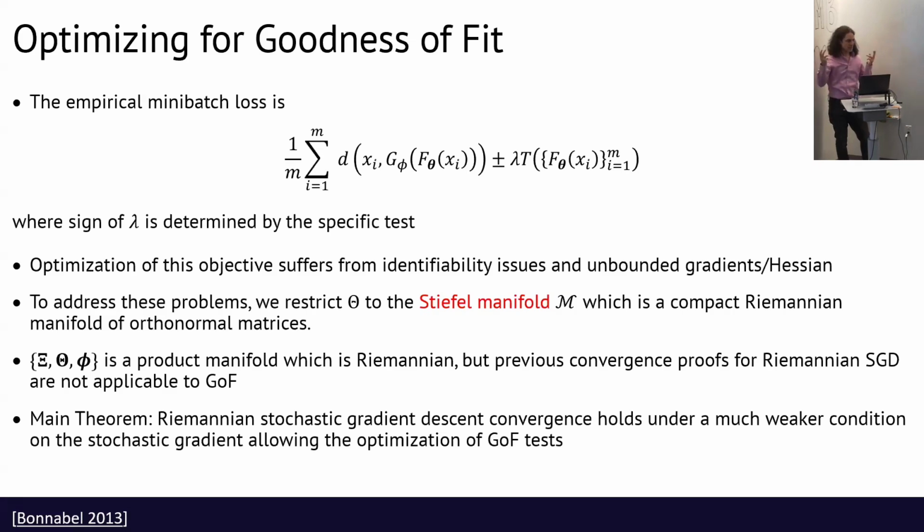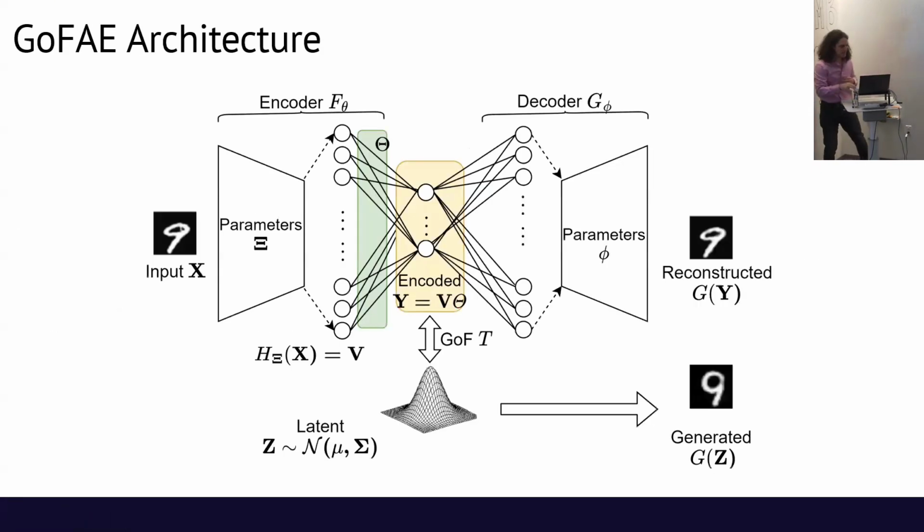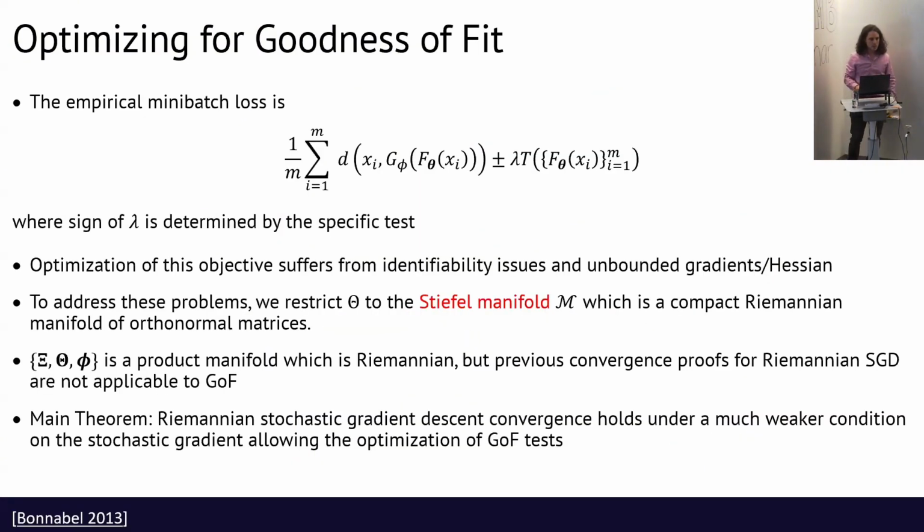So the way that we handle this problem is we restrict theta, the weights coming into the embedding, to be on the Stiefel manifold, which is a compact Riemannian manifold of orthonormal matrices. That prevents this arbitrary scaling problem from affecting training.